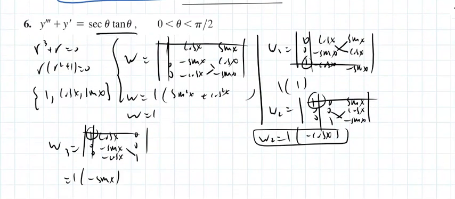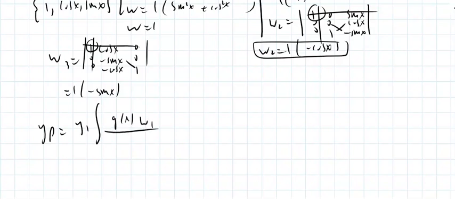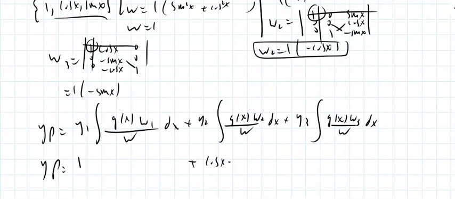And g of x is sine of x tan of x, so the particular solution is going to be y sub 1 times the integral of g of x times w1 divided by w dx plus y sub 2. We just did that. So the y's are right there. That's a 1, that's a cosine of x, that's a sine of x. The integral.